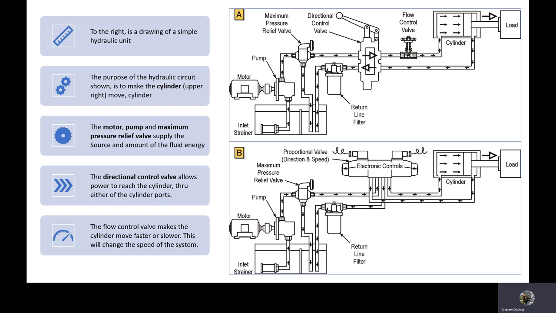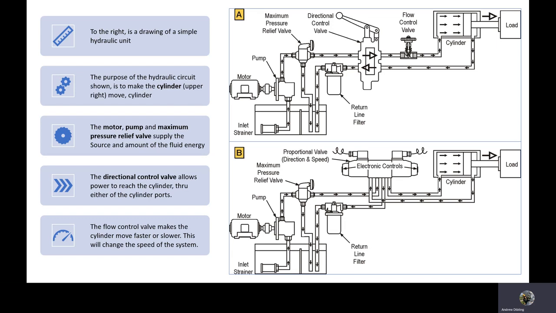The next thing we have is a pressure relief valve. Pressure relief valve is there very much like a fuse or a circuit breaker in an electrical system. It is designed to limit the amount of force that can be put through the system so as not to damage the components or the process itself.